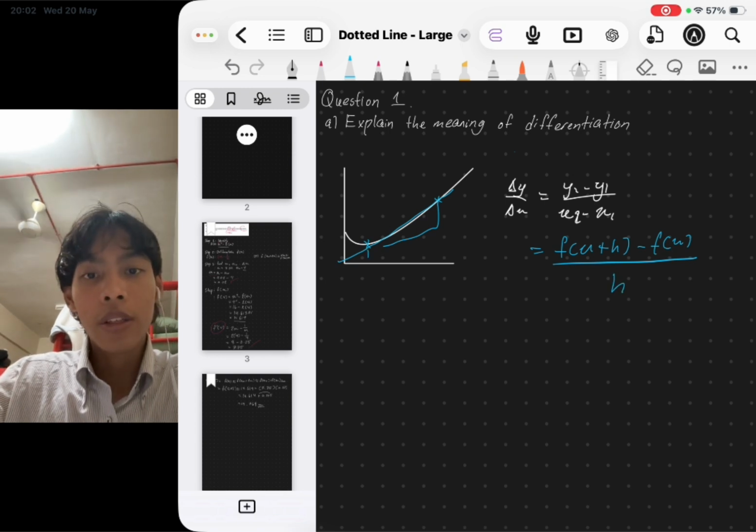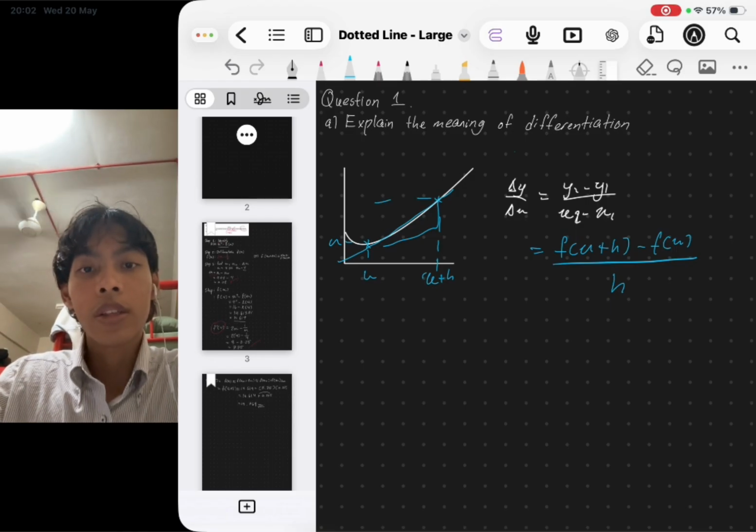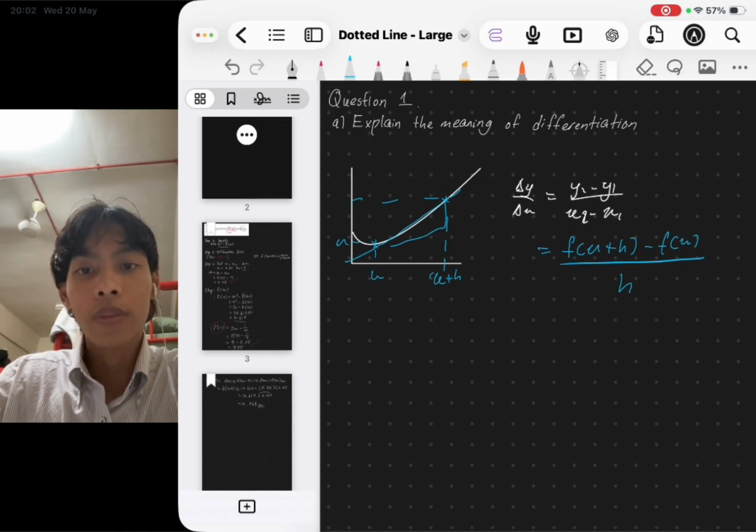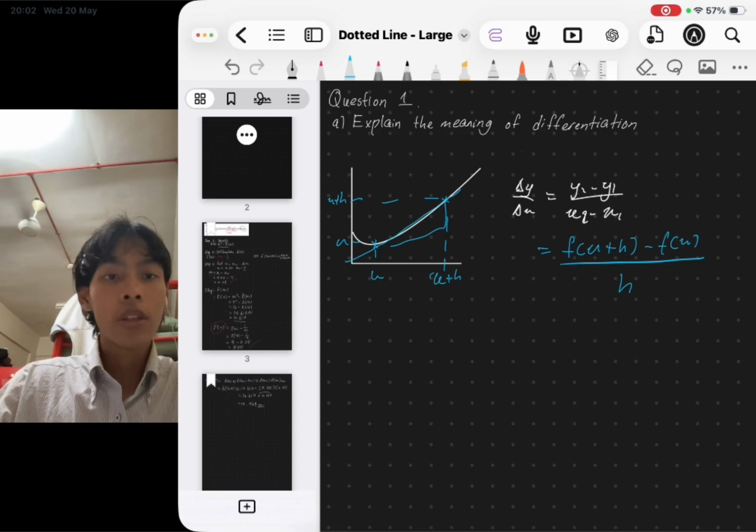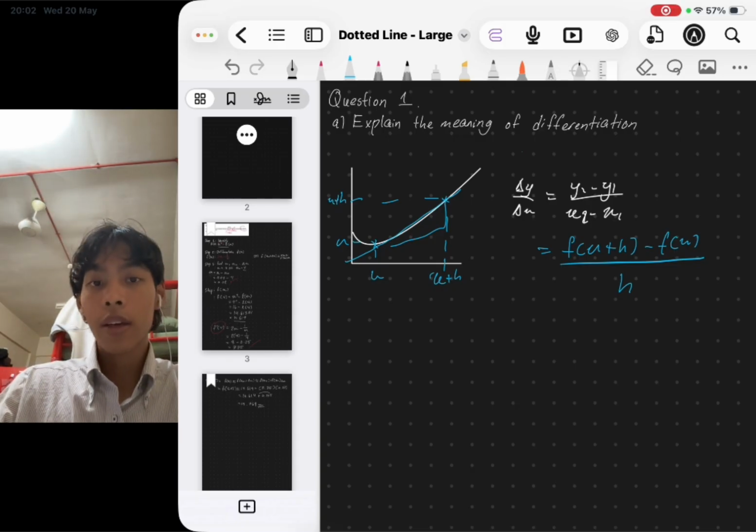Why is it? Because let's say this is x and this one is x plus h. So this is the formula we'll use to find the specific midpoint we want.